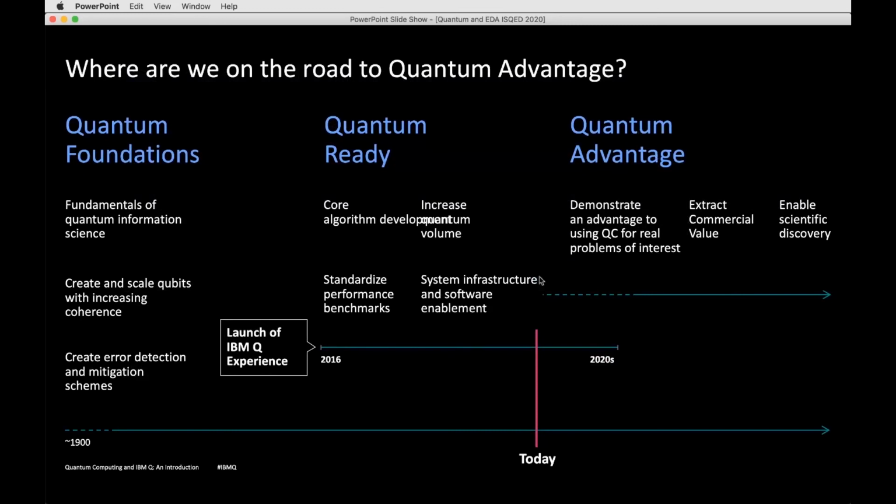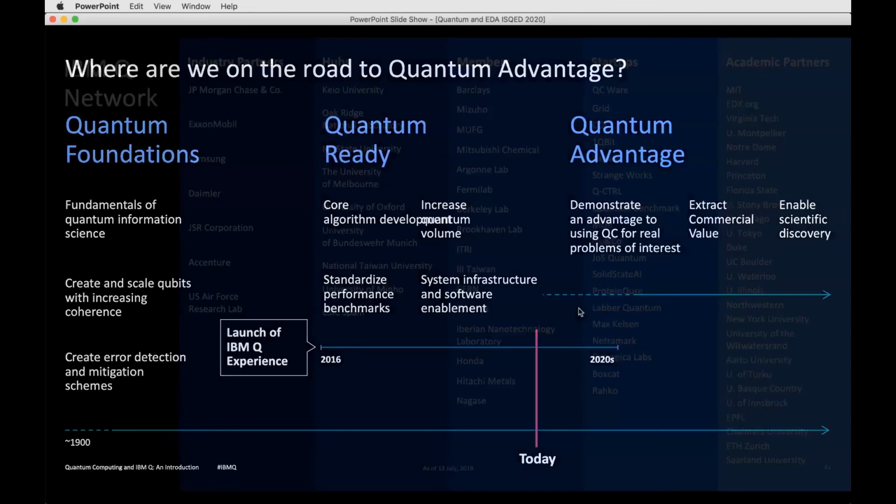And therefore today is really the time that people need to start getting engaged and need to learn how to program quantum computers, how to think in quantum types of algorithms. And at the same time, we want to engage the EDA community to start to think about how we can tune our tools to actually help make quantum computers better and even accelerate the improvement of the quantum volume.